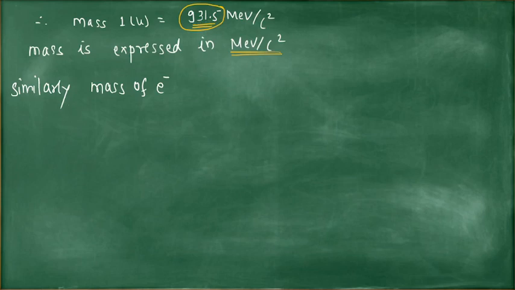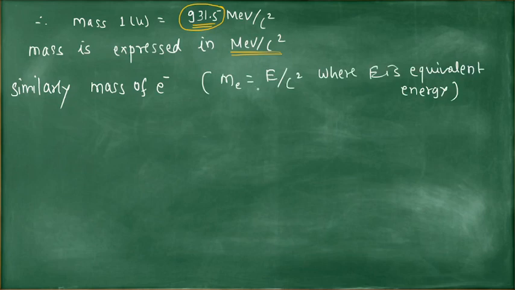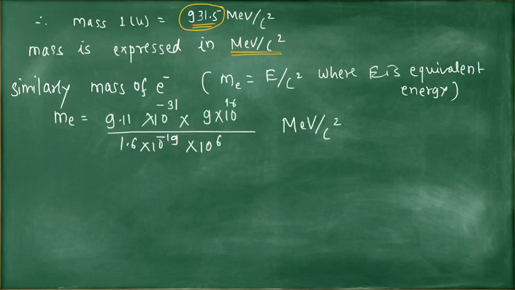The mass of neutron is also the same approximately. Similarly, mass of electron you can find again by using this formula. Take the mass of the particle, which is electron, multiply by c square, divide by 1.6 times 10 raised to minus 19, and again divide by 10 raised to 6.